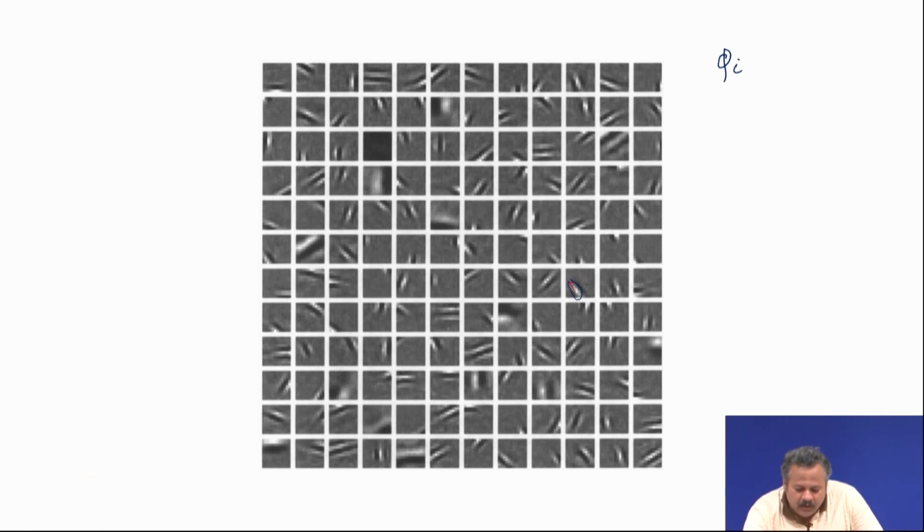So you have a white oriented bar with two dark bands on the side. Here is another orientation and two dark bands on the side. Similarly, the other way also, with the dark band in the middle of one orientation and bright bands on the side.